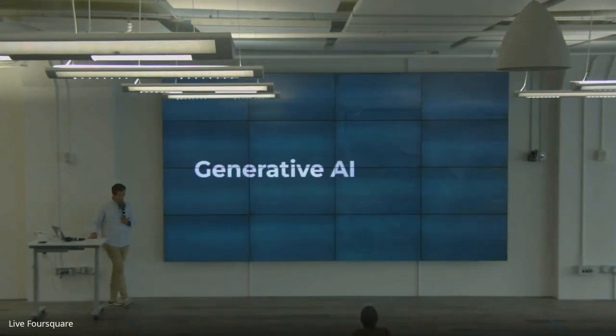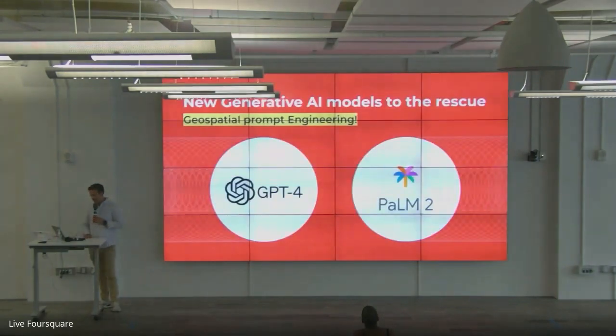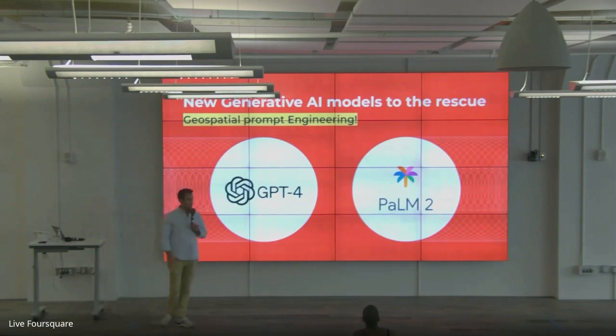That is one part. And the other is how we are using generative AI. That is something that has kept us busy during the last few months, and how CARTO is doing this. The idea is that right now we are doing this using geospatial prompt engineering.